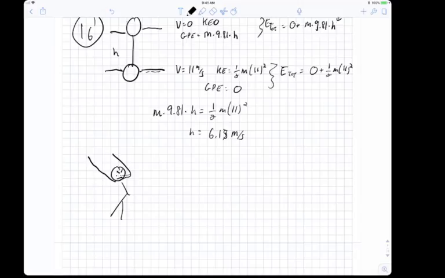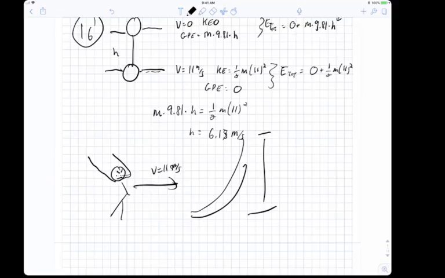Anyway, if he ran at full speed and went up a ramp, how high would he go in the air? And apparently the answer here is 6.18 meters, which is incredible. I'd like to see him do that.